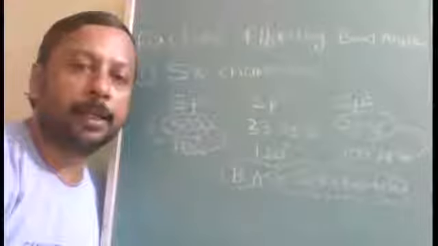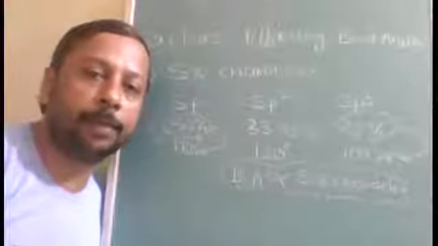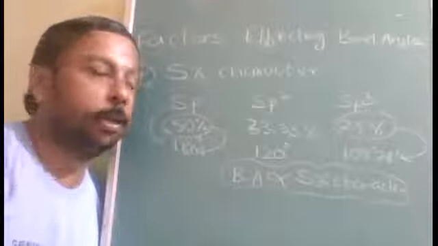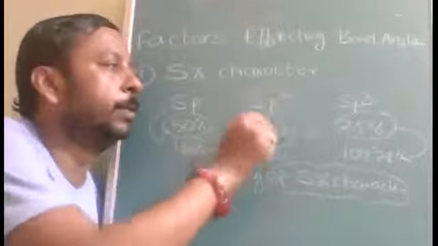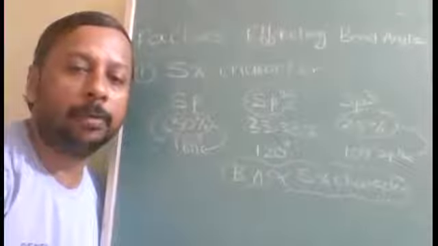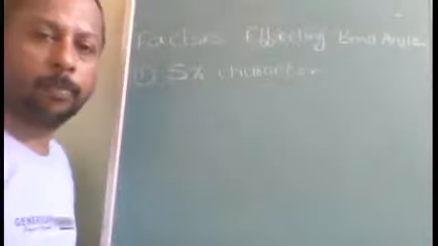What would be the second step? Sometimes what happens is that when you find out the hybridization, all or a few may be sp2 only. So how to approach that, I will tell you. Note this down.